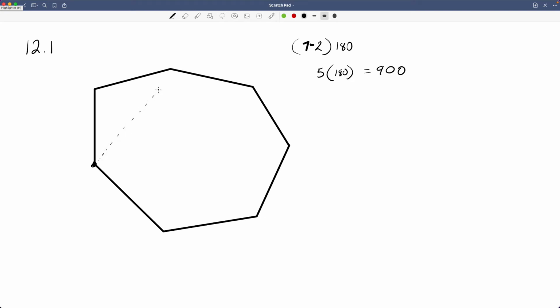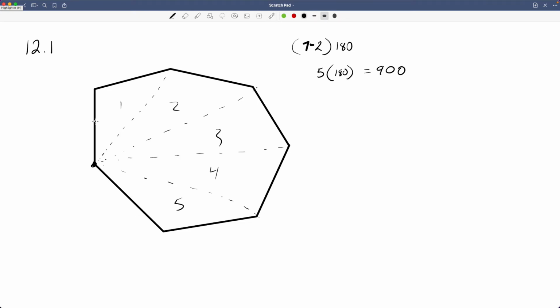So you have 1 triangle, 2 triangles, 3 triangles, and then the last line creates 4 and 5 triangles. So 1, 2, 3, 4, 5. And that always works. But you have 7 sides, so technically you have 1, 2, 3, 4, 5, 6.